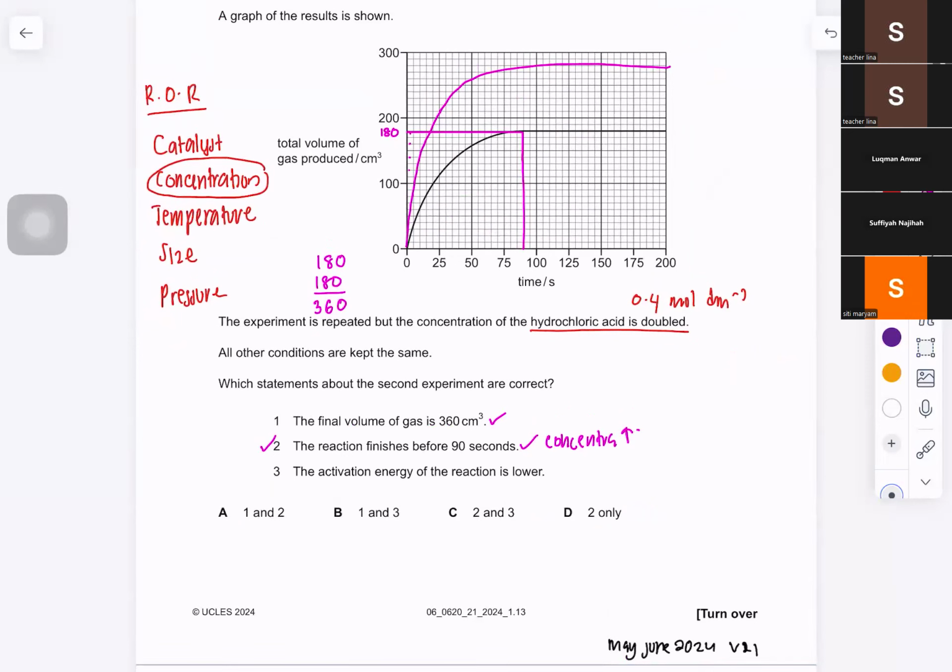Clear. Faham. Alright. Okay, the activation energy of the reaction is lower. Okay, the activation energy, that one is lower. Activation energy, this one tau. Because activation energy is before this one. Allah Akbar.